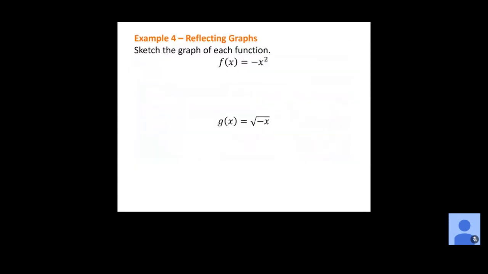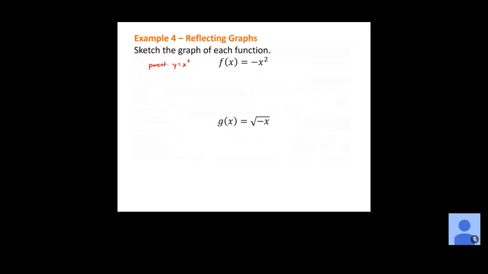All right, so let's take a look at these now. So again, first thing we have to do is identify what's the parent function, then we'll identify the transformation, and then we'll actually sketch the graph. So for f of x equals negative x squared, what's our parent function going to be this time? Just x squared. Good. So y equals x squared is the parent function.